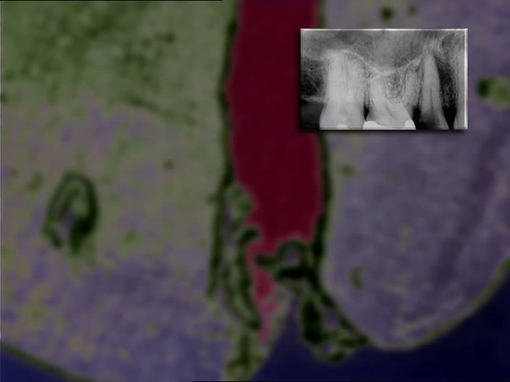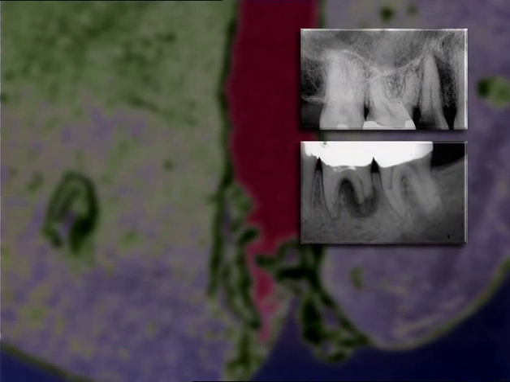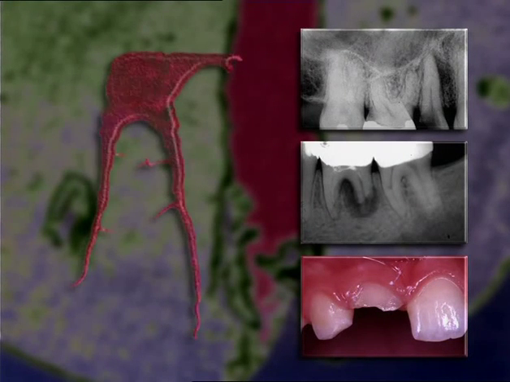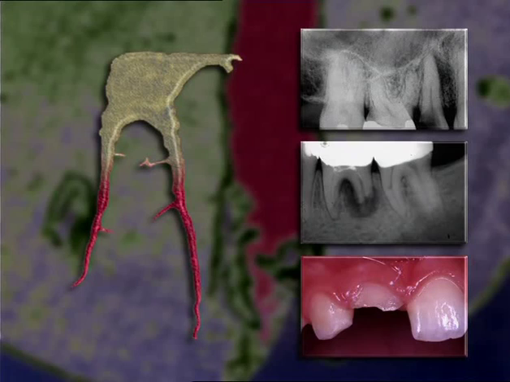Due to decay, restorative procedures, and trauma, the vascularized pulp can degenerate into avascular necrosis. Pulpal disease normally progresses coronally to apically.